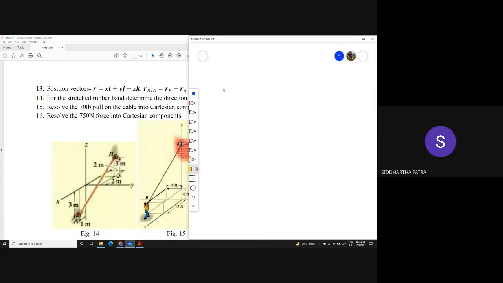Whether or not you admit it, even if you are directly able to get the position vector of B with respect to A, you are actually mentally doing RB minus RA. Why not actually write it on your copy? So first write what is RB. It would not take much time.